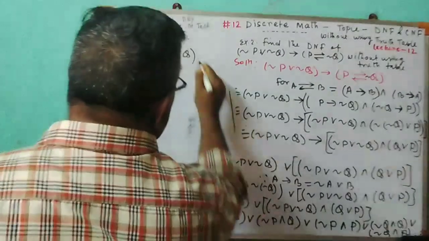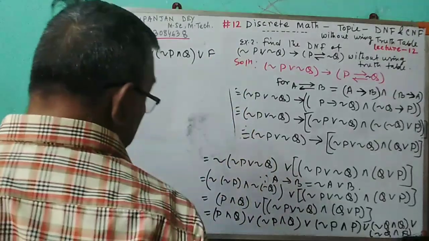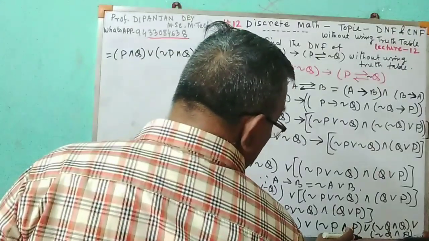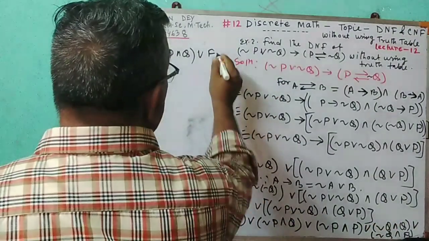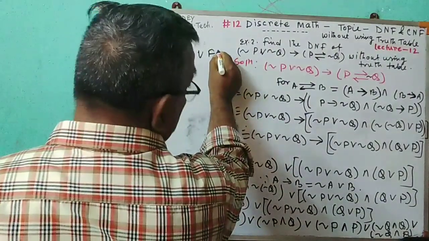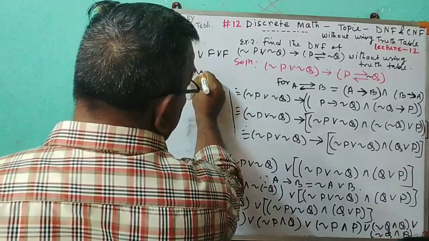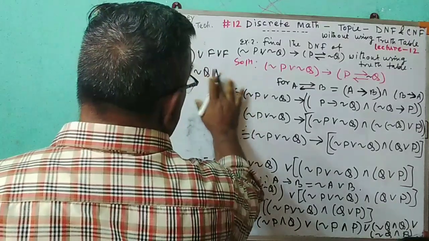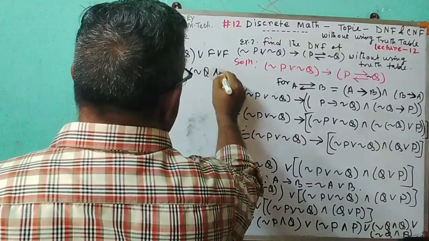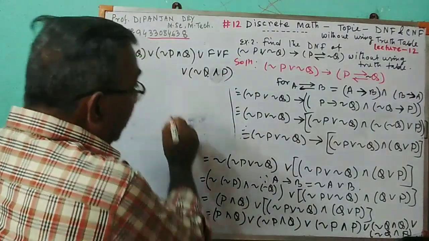And this one is actually false. This is negation P, conjunction P, this is false. Similarly, negation Q, conjunction P, this is also false. So try to understand what I am applying here.